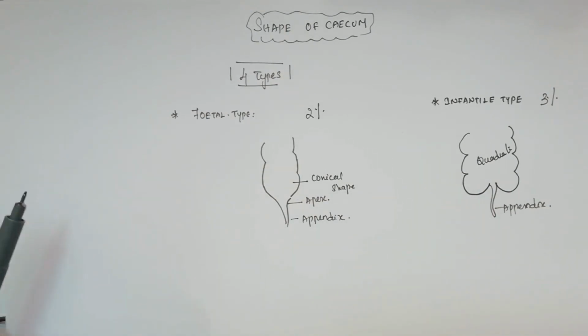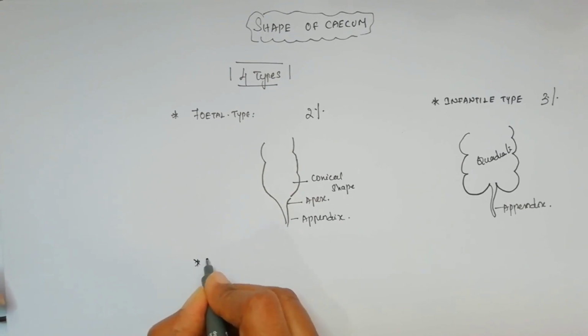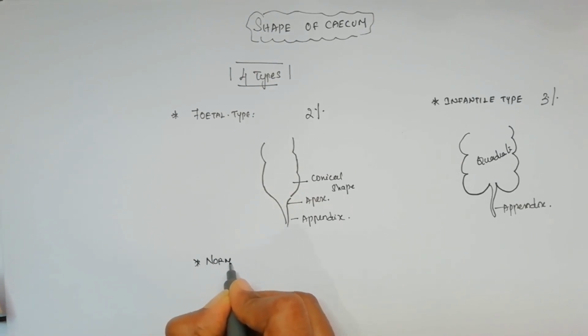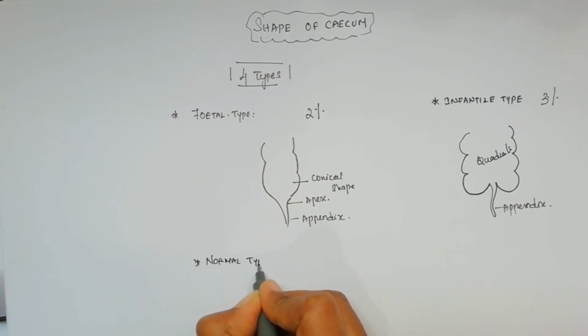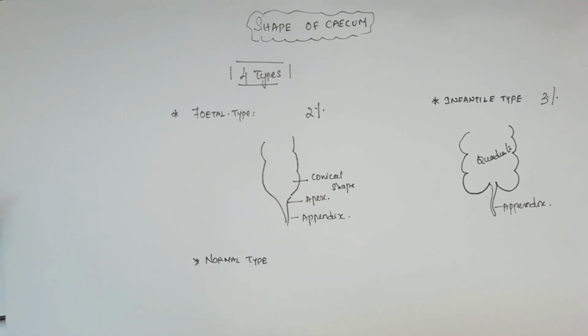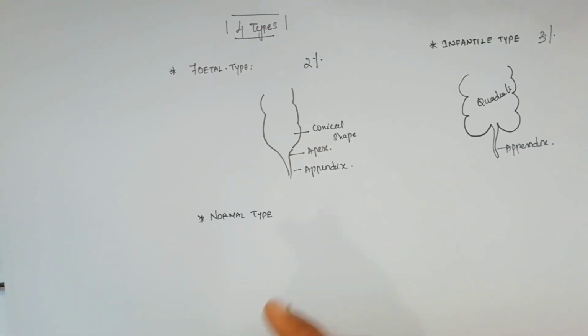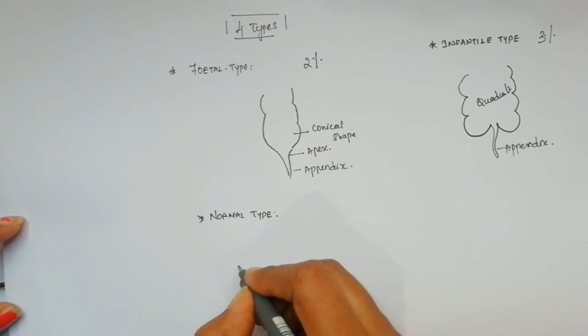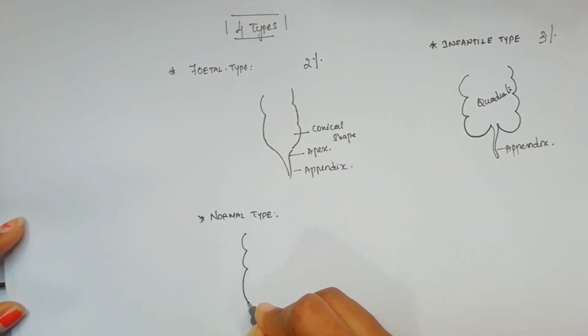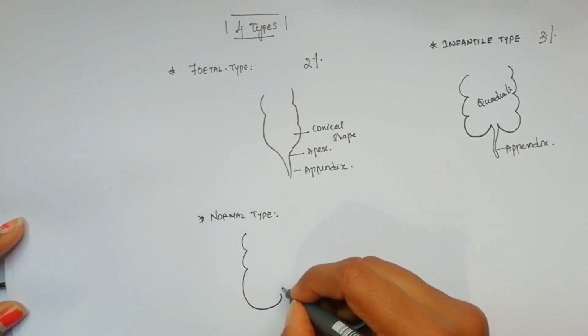Now we will move on to our normal type. Talking about this normal type, here we have got cecum which is forming a right saccule bigger than the left one.